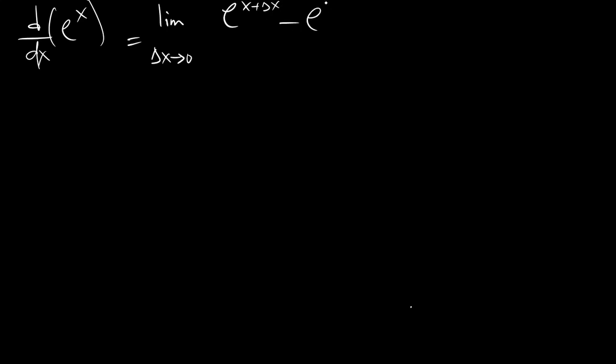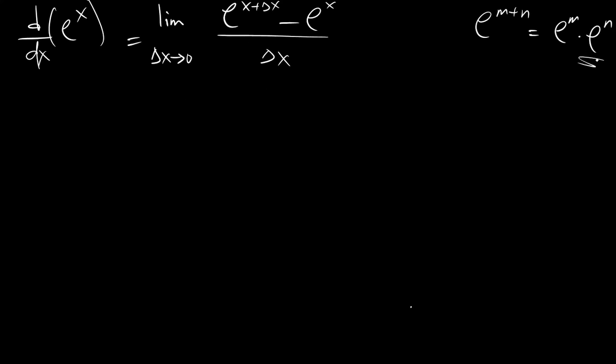You have d over dx of e to the power x is the same thing as saying the limit of delta x tending to 0 of e to the power x plus delta x minus e to the power x all over delta x. According to the law of indices, if you have e to the power m plus n, this is the same thing as e to the power m times e to the power n.